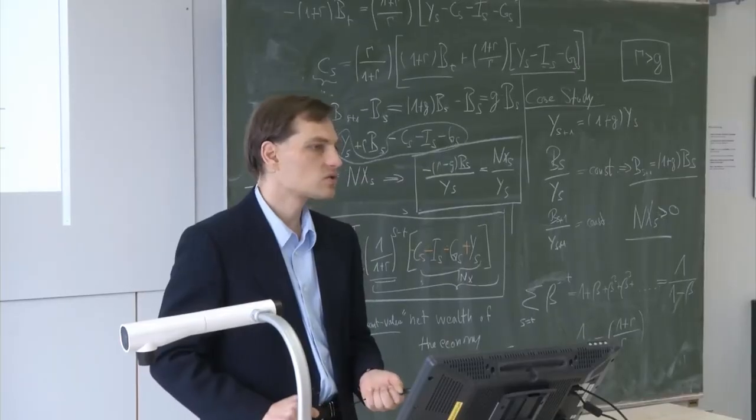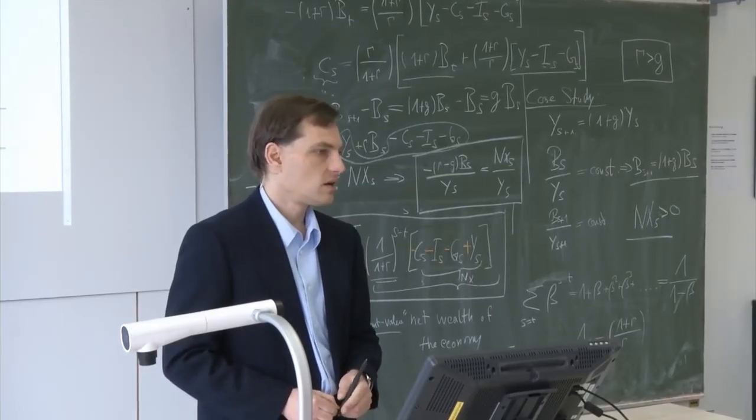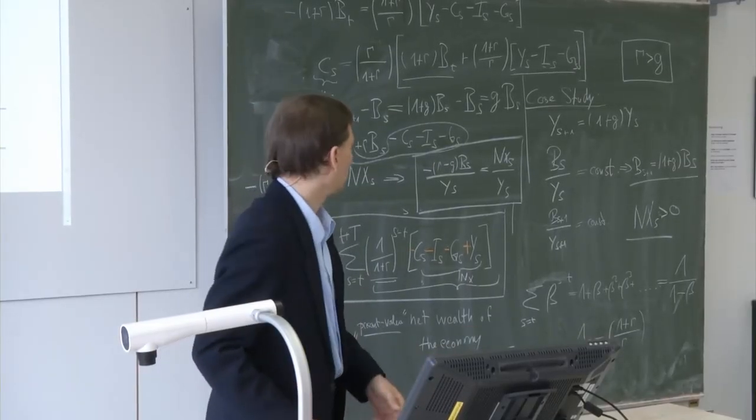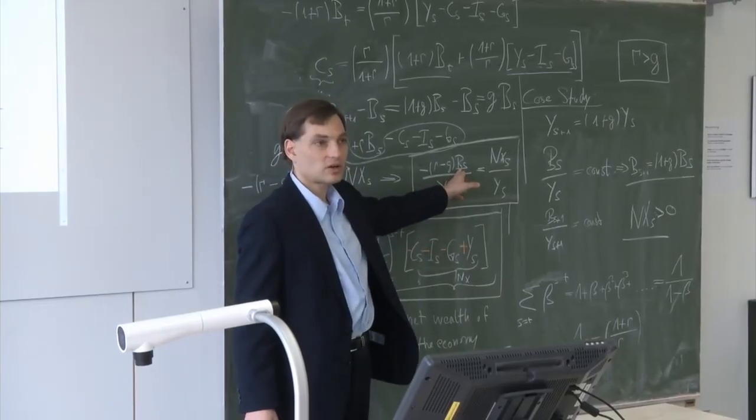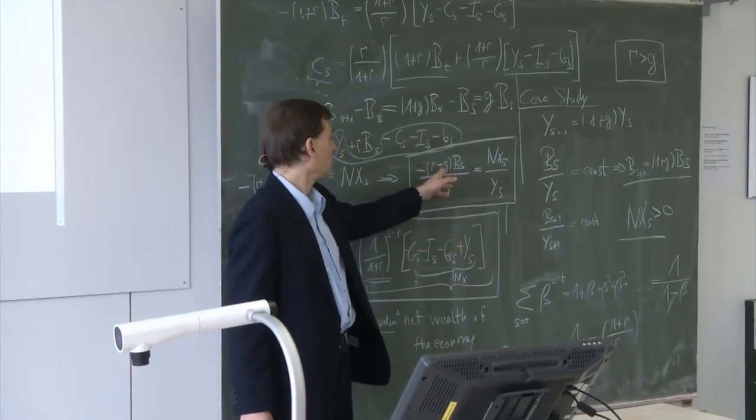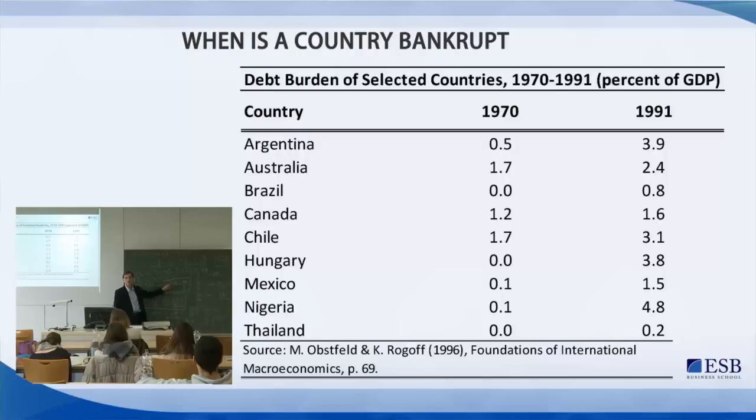And obviously you can also do this for every country now. You just have to look at the statistics. You can find for every country the net foreign assets and GDP. And then you just have to look at the growth rate, or estimate the growth rate, and the real interest rate, the real return.